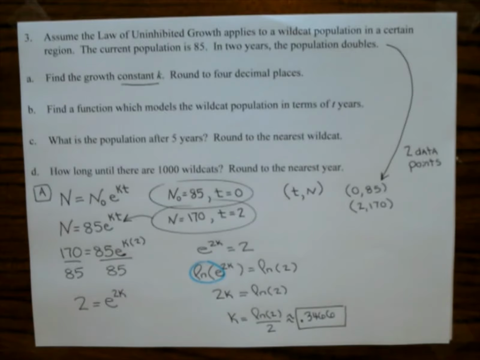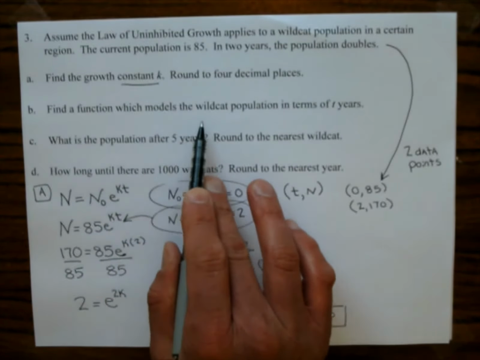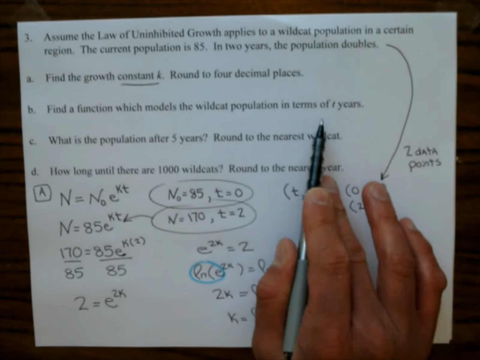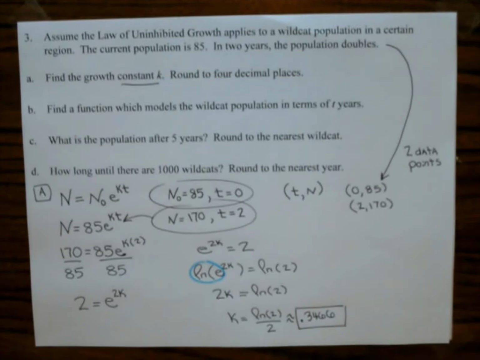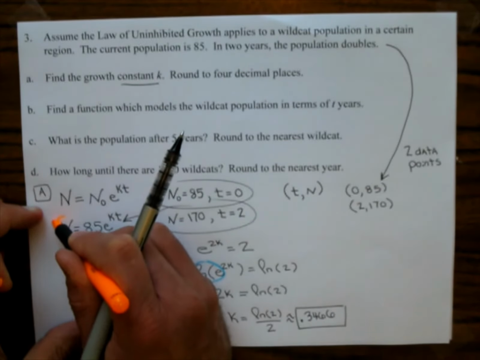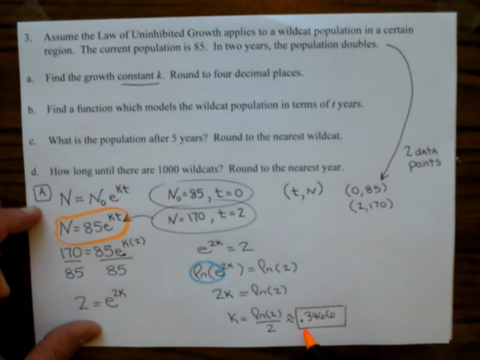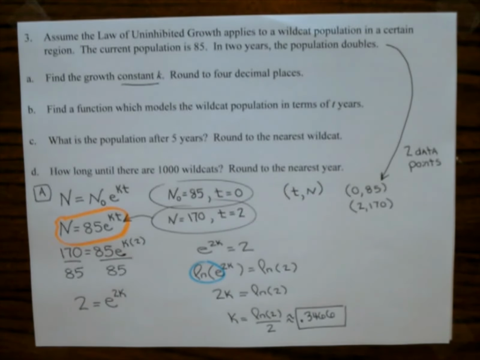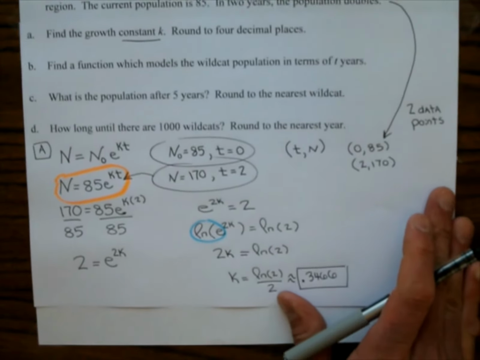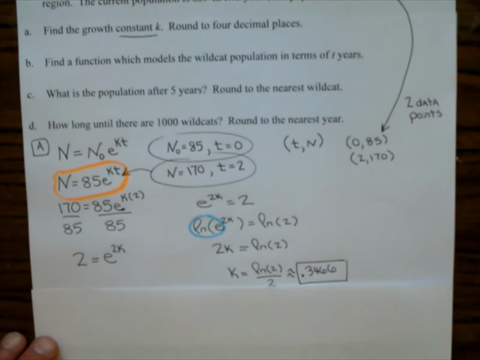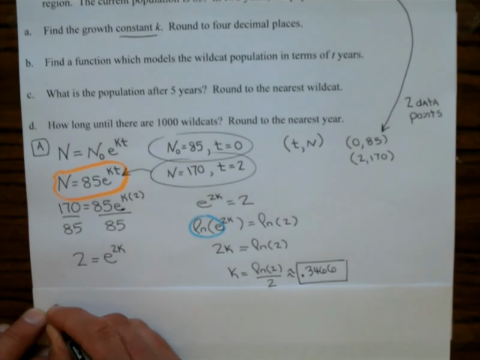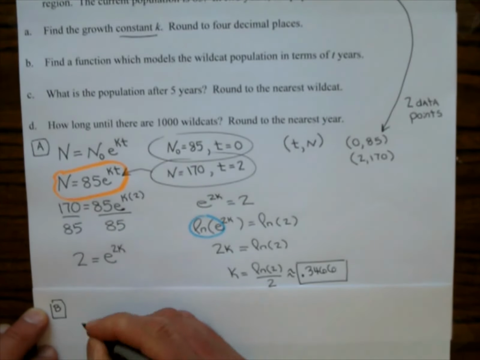So, gotta get another piece of paper, because part B says find a function which models the wildcat population in terms of t years. So this formula right here, we almost had it when we wrote that down. Now we know what k is. k is 0.3466. So for part B, I'm writing the orange formula down.